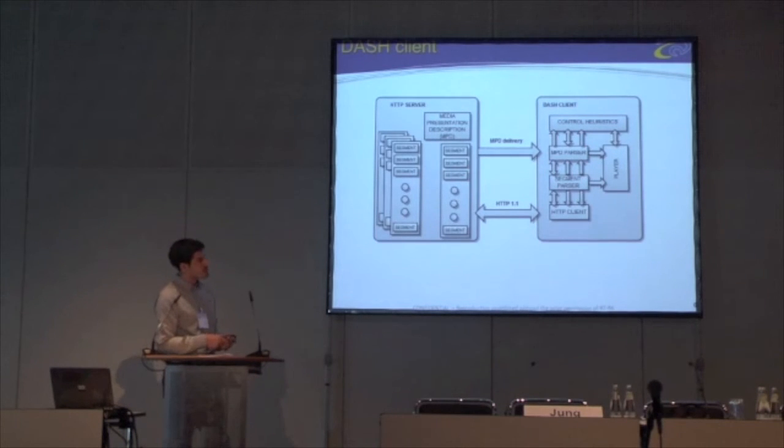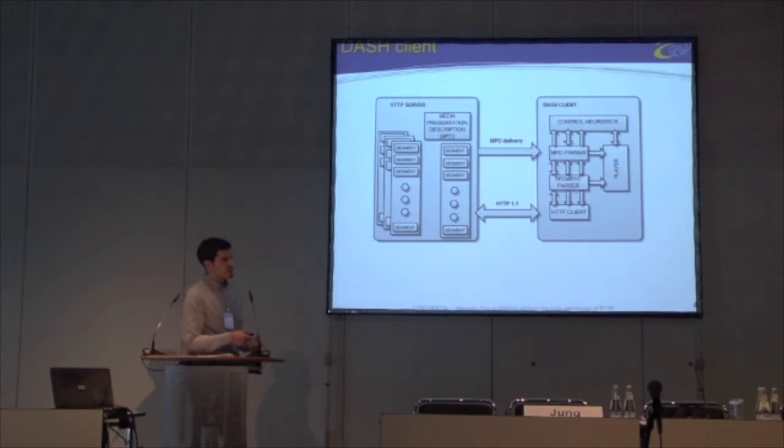In this figure, we can see a simple client implementation. The DASH client first obtains the MPD document. The document can be obtained via HTTP or email or any other communication. So when the MPD document is obtained, it is parsed, and all the information is collected from it.